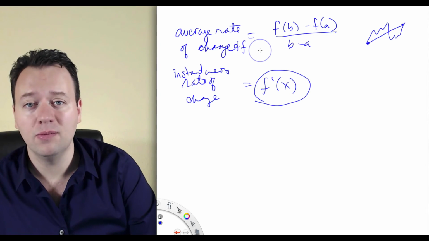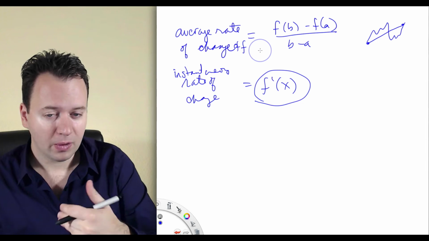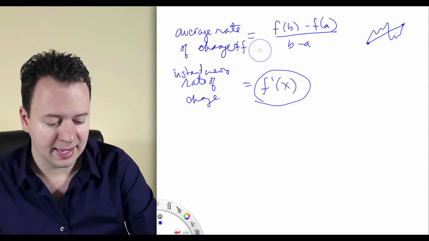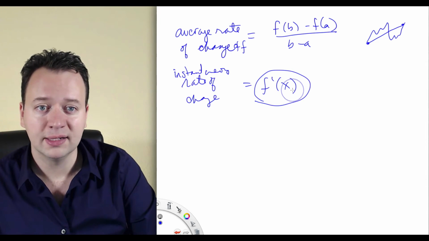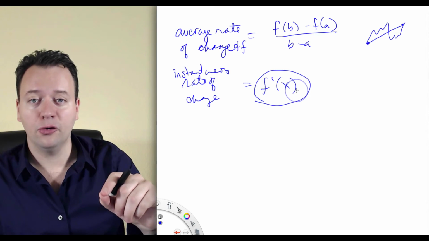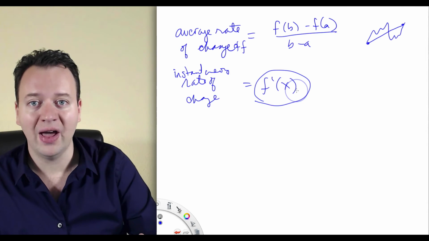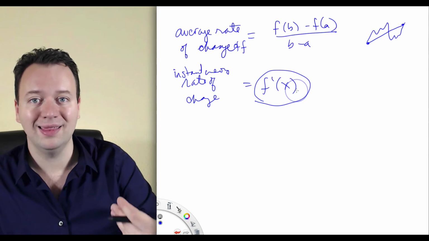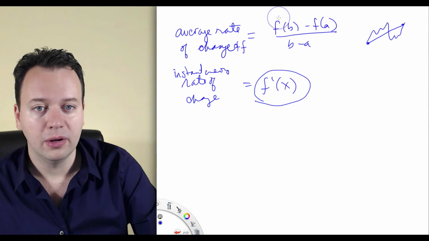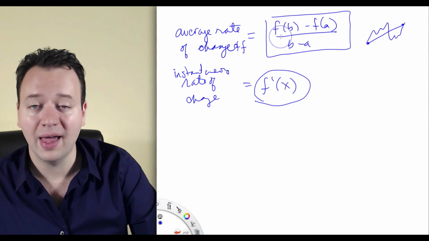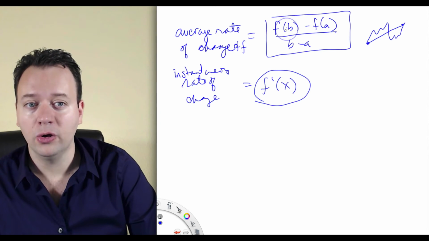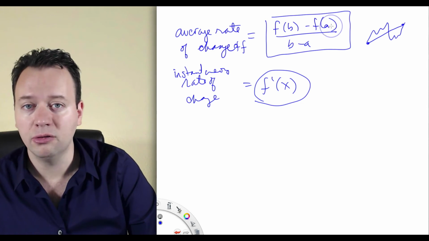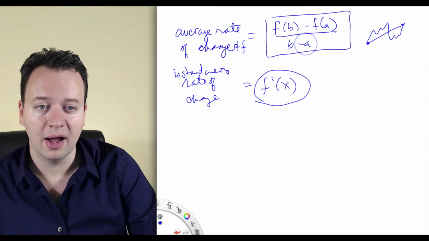That would make sense, because if you think about the car velocity example, the derivative is your velocity. So if you take your velocity function and find the average value, you should get the average rate of change of your distance. In other words, you should get the average velocity. We've previously used this formula for the average velocity: where were you at 5 o'clock minus where were you at 3 o'clock, divided by 5 minus 3.